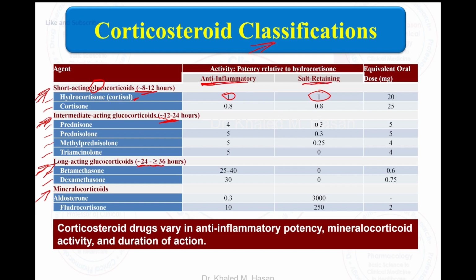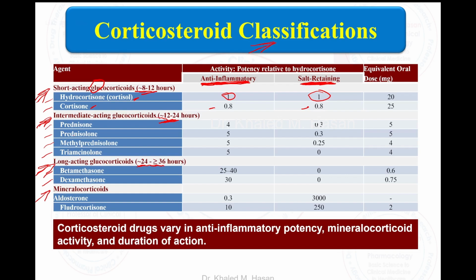The anti-inflammatory effect is beneficial. Salt retaining may cause increased blood pressure, for example. What about cortisone? Cortisone is 0.8, very close to hydrocortisone, and both are considered short acting.